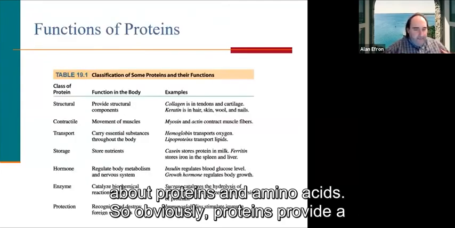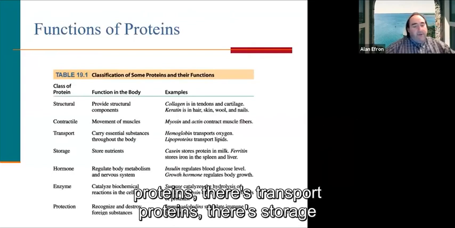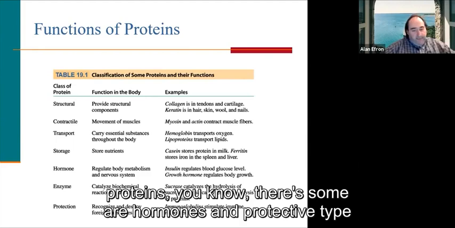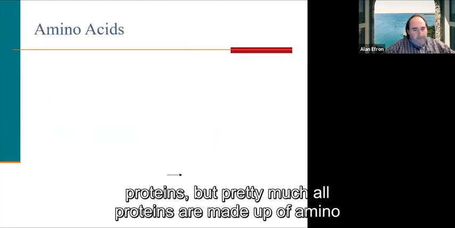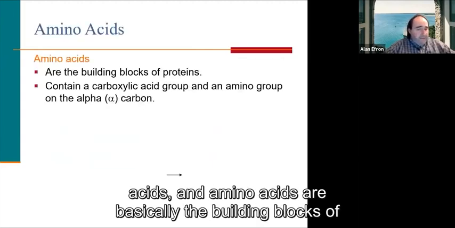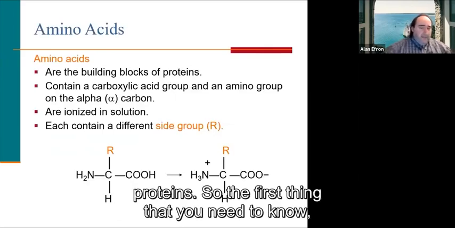Obviously, proteins provide a lot of different functions. There are structural proteins, transport proteins, storage proteins. Some are hormones and protective type proteins, but pretty much all proteins are made up of amino acids, and amino acids are basically the building blocks of proteins.